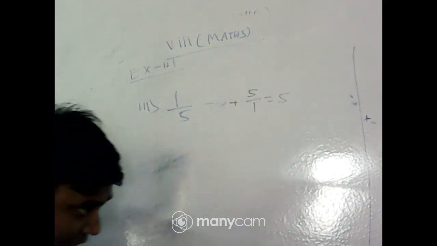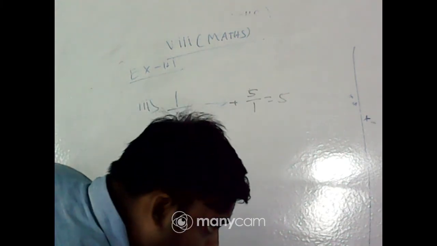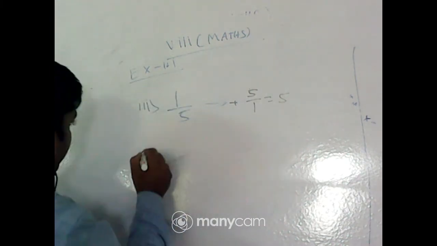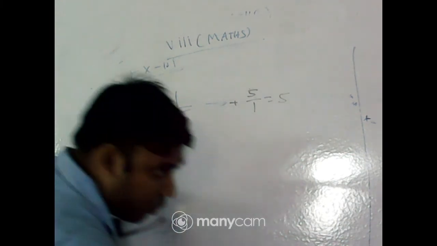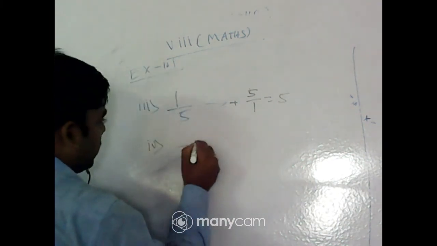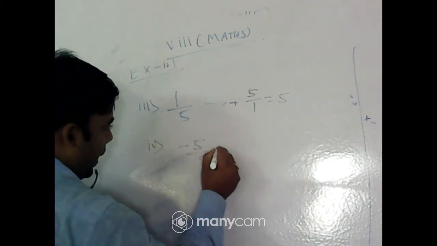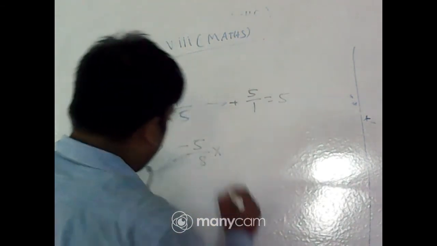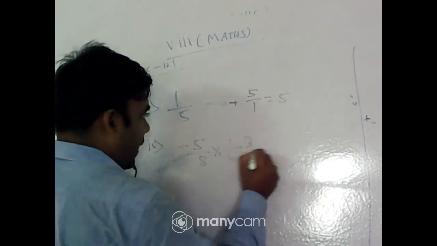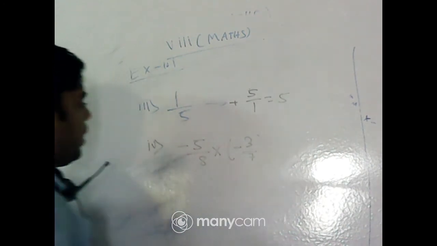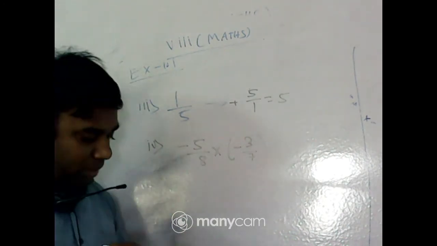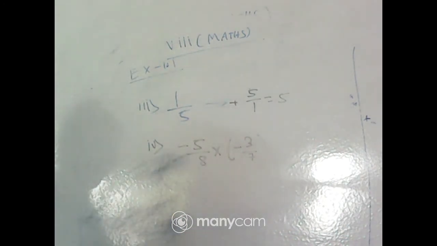Okay. Next question. Minus 5 by 8 and minus 3 by 7. What is the multiplicative inverse of the product of this number?